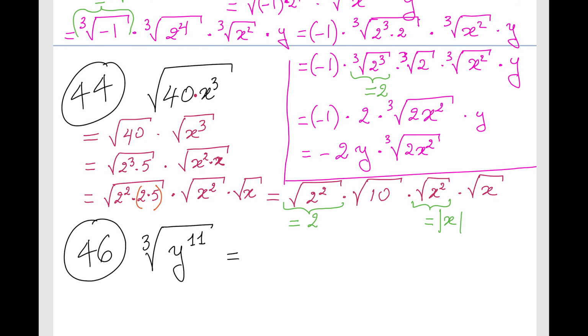Okay. And the answer is going to be equal to, this is 2, and this is absolute value of x, and I have a product, and product is commutative, so I'm going to take 2 times absolute value of x times the square root of 10, which is a simplified radical expression, times square root of x. Square root of x is simplified, square root of 10 is simplified, and the radicands 10 and x are of different nature, right?